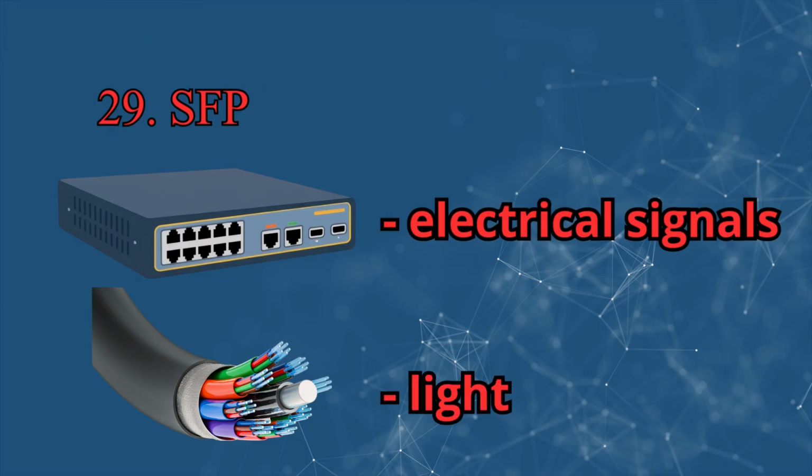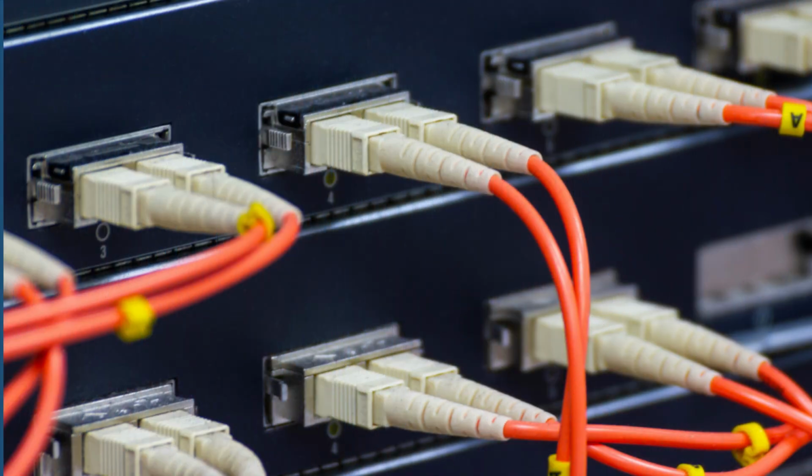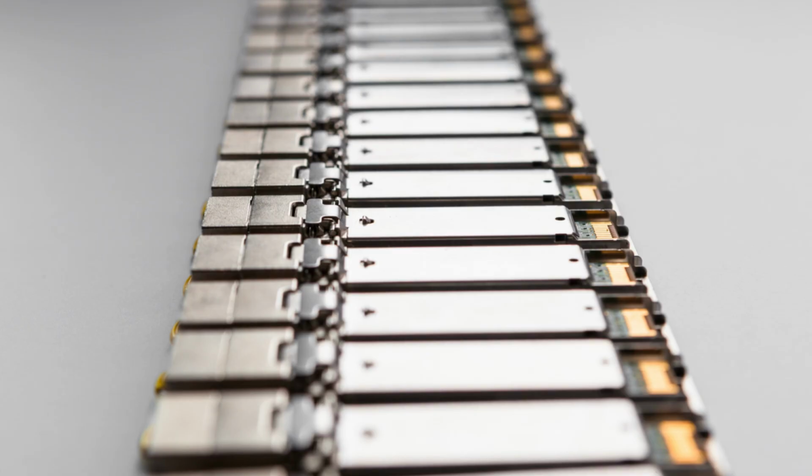So an SFP is like a translator between the device and the cable. It takes electrical signals from the switch or router and converts them into light for fiber cables. And in the other direction as well. It converts light back into electrical signals. SFPs are most commonly used with fiber optics, but there are also SFPs for copper Ethernet. We also have different types of SFPs, but that would be too much for this video.